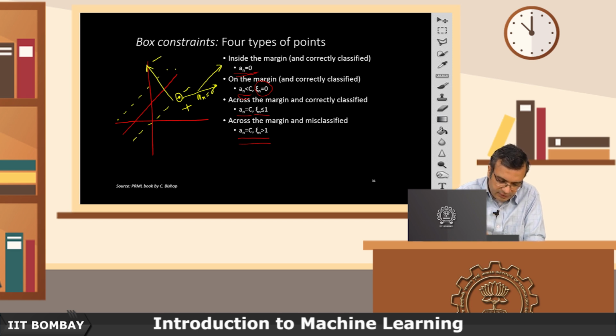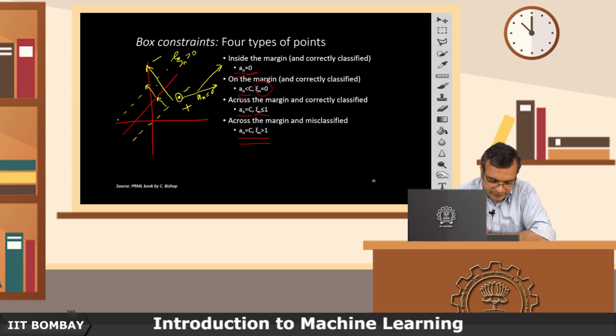Anything across the margin, xi n is going to be greater than 0. Up to the boundary, xi is going to be less than or equal to 1. After the boundary, it is going to be greater than 1.